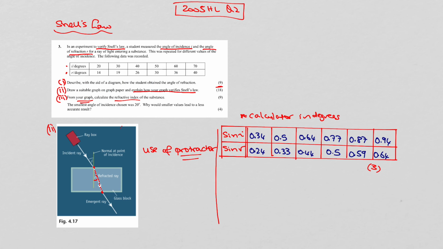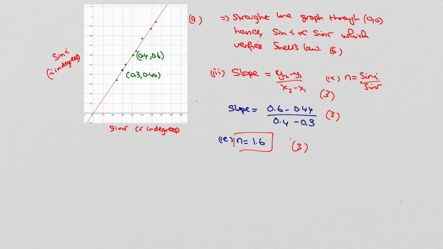Okay, so the last part of the question says, why would smaller values lead to a less accurate result, given the smallest angle of incidence chosen was 20 degrees? So if i is smaller than 20, then that means that r is less again, because obviously the refracted ray will bend towards the normal.